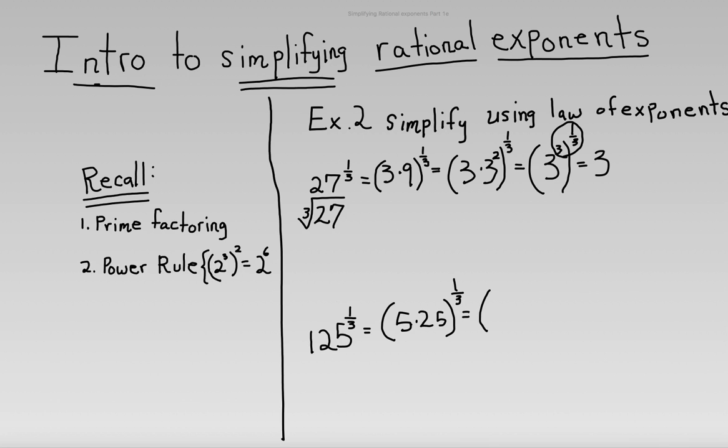And I know that 25 is 5 squared, which in this case would give me 5 cubed to the 1/3. And then after multiplying here, I would get 5.